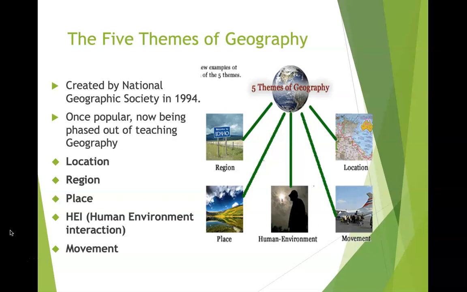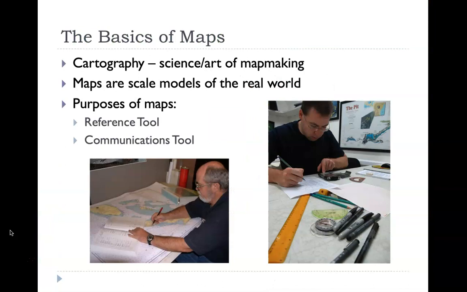Second one is region, but what places does it also have traits in common with? You had a sense of place. You had a sense of human environmental interaction, or HEI, in terms of how it impacts an area. It's more of a cultural landscape piece. And then we also had movement, right? Movement of things, ideas, and people from place to place.